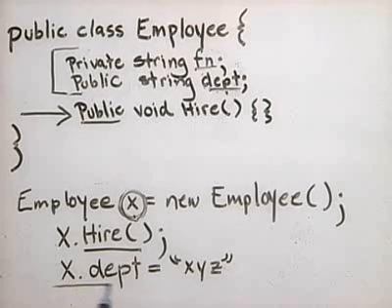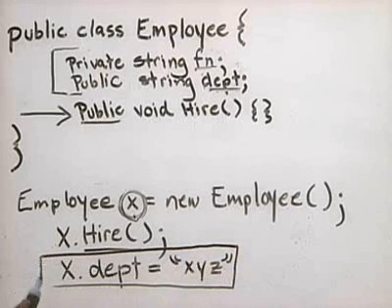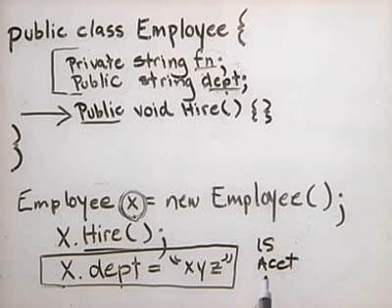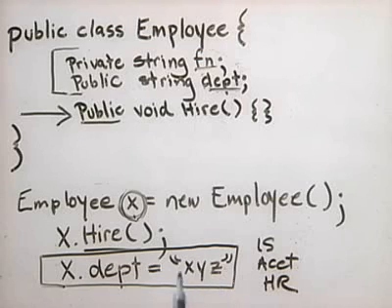This is one of the problems with making data members publicly available. Let's say, for example, there's only 3 acceptable values for department: IS, accounting, and HR. You can see that there's no chance for me to validate the data that this user has passed to the department data member. So one of the problems involved in using publicly available data members is the idea that there is no validation available.